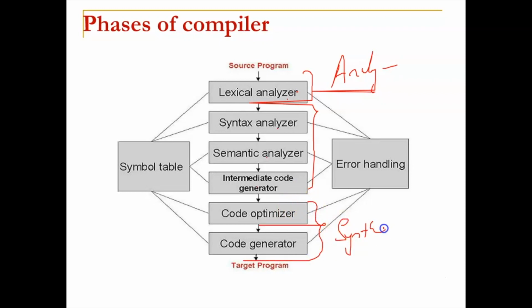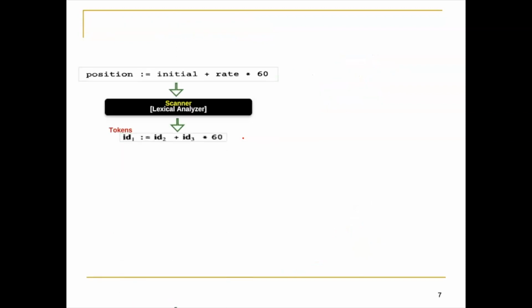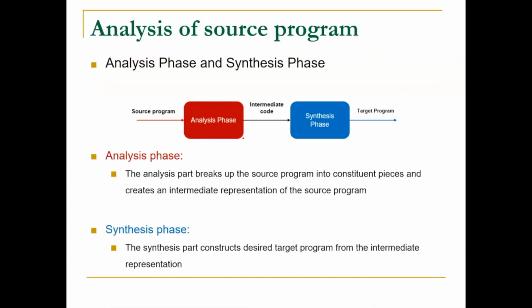The first four phases, the analysis phases, take care of the analysis of the source program, and the last two phases synthesize the target code. So we have a classification like that also, analysis phase and synthesis phase.